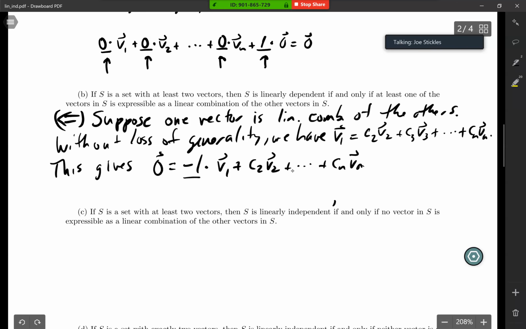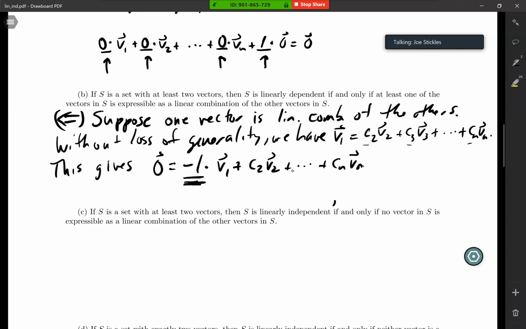Here's my at least one of the constants that's not equal to 0, right? I don't necessarily know that the C2, the C3, and the CN aren't 0. They could be, all right? I don't know which of these would be non-zero at all. However, I know for a fact that this one is not 0, because certainly, negative 1 is not equal to 0.